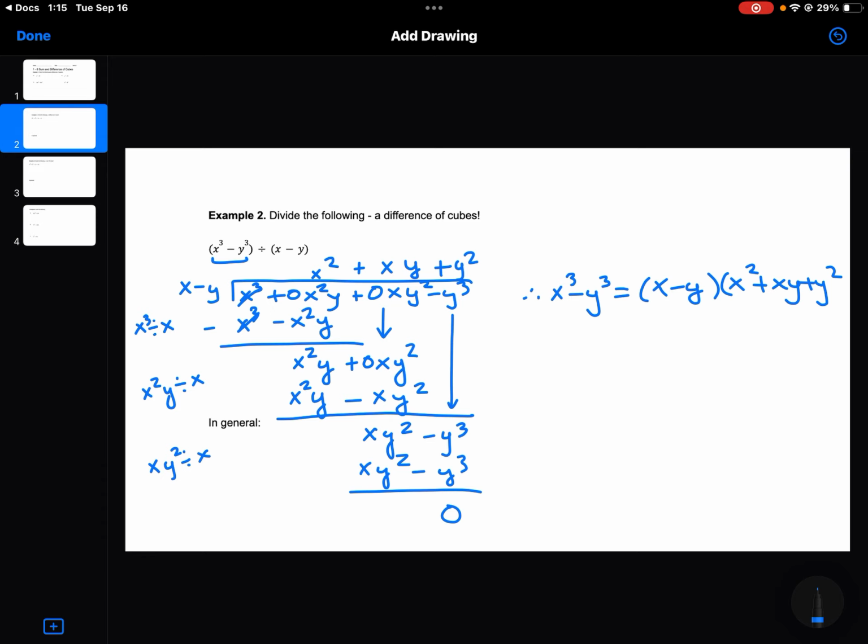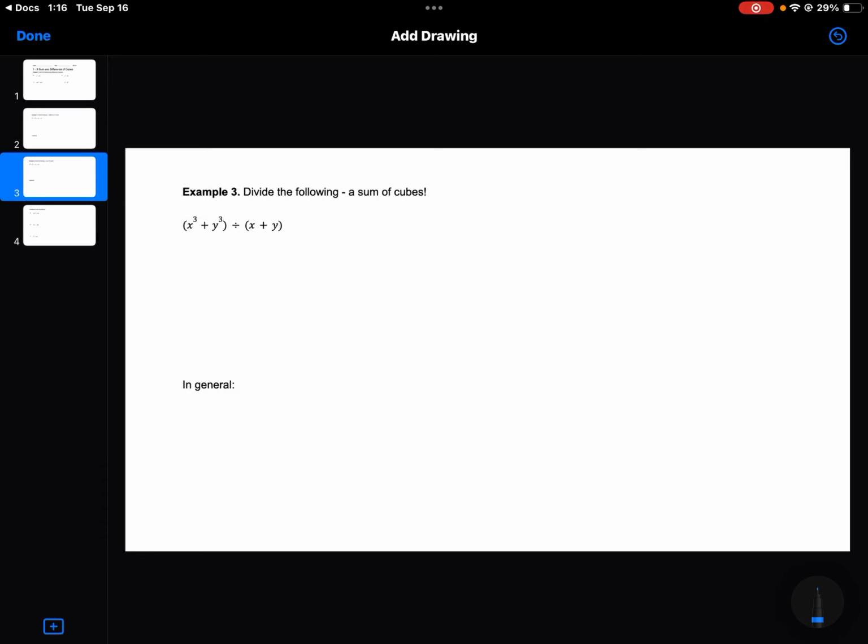We also have a similar one down here in that we can do the same thing for the other operation, a sum of cubes, and this is just showing you where the formula comes from. If I have x plus y, and then I can put in x cubed plus 0x squared y plus 0xy squared plus y cubed.